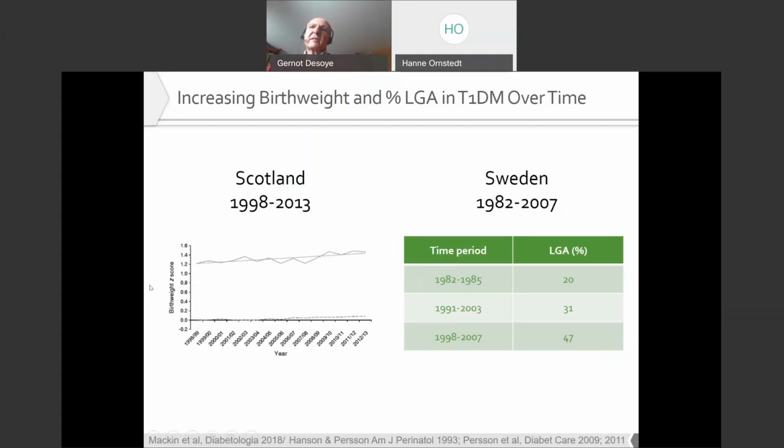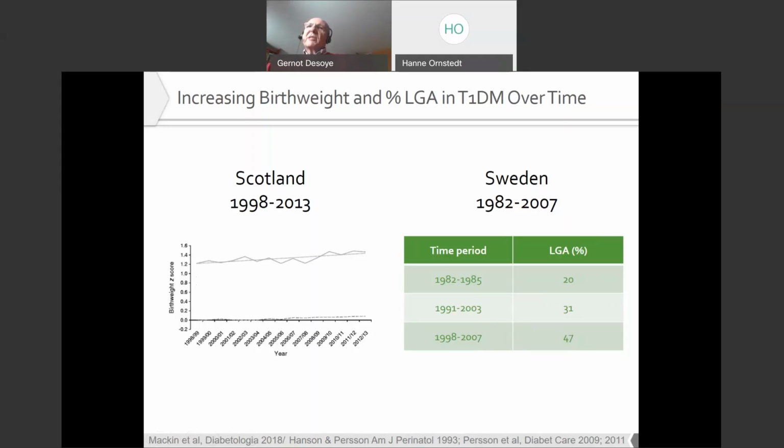As you can see here, there's data from Scotland that show the birth weight Z-score over almost 20 years period. And also the proportion of large for gestational age offspring in Swedish studies has increased from 20% in the 80s to now almost 50% in the 2000s.